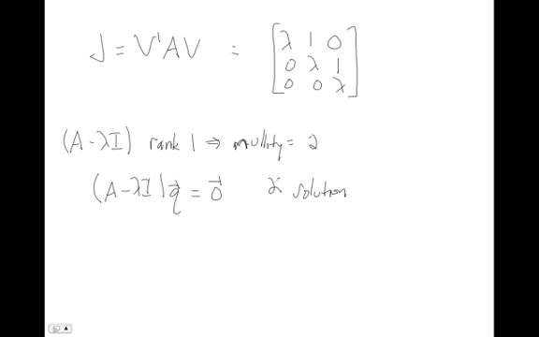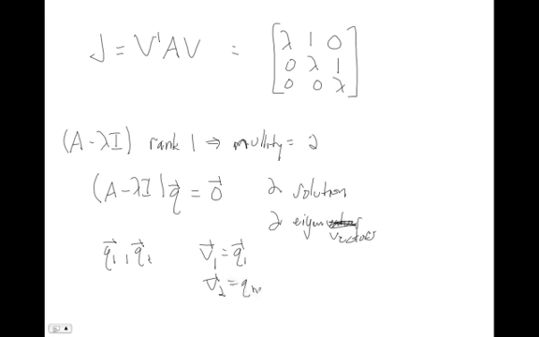So there would have been 2 solutions to this equation, which means there are 2 eigenvectors, 2 linearly independent eigenvectors that span this 2-dimensional space. So in that case, we know there are these 2 eigenvectors, Q1 and Q2, and for our generalized eigenvectors, we're just going to use those. So V1 is equal to Q1, and V2 is equal to Q2.